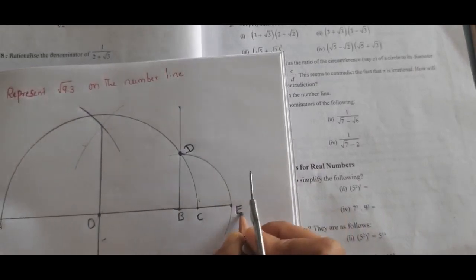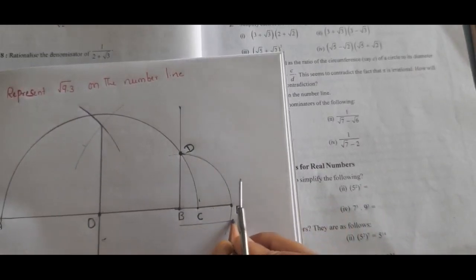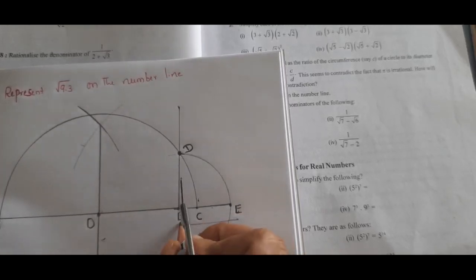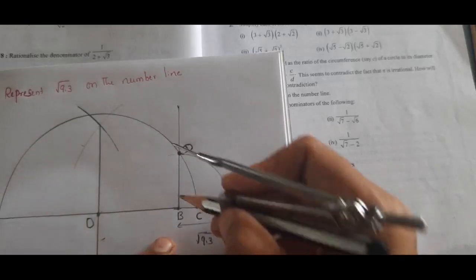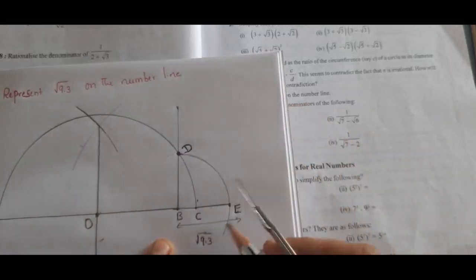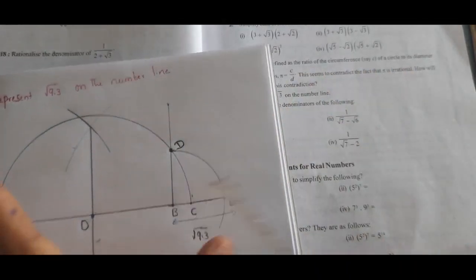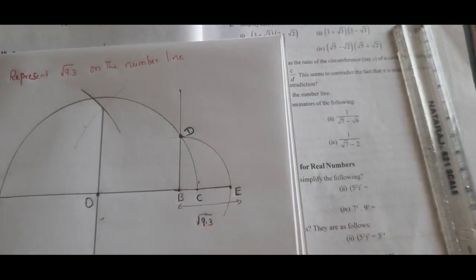And this measurement is known as root 9.3. Students, remember BD is the same as BE because we measured the same and took it on the number line. So BE says that it is root 9.3.